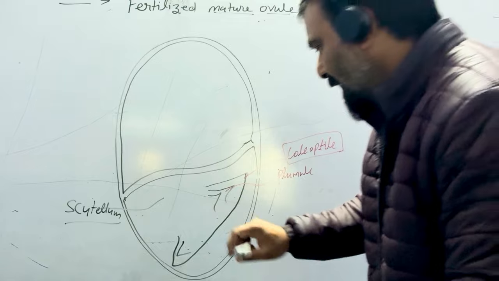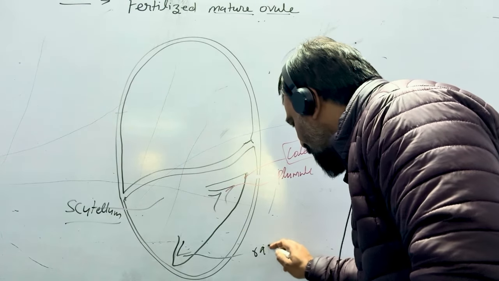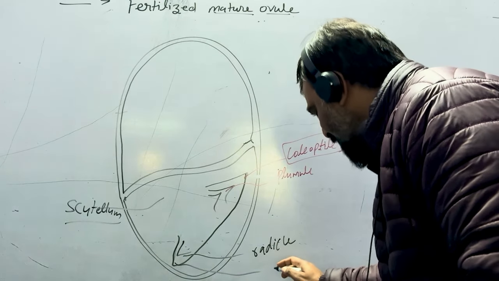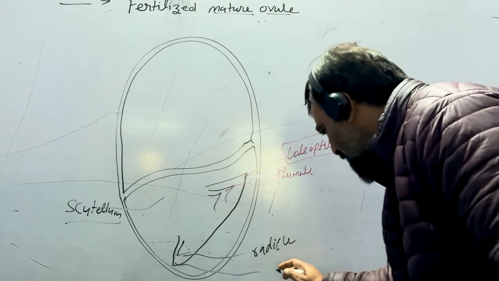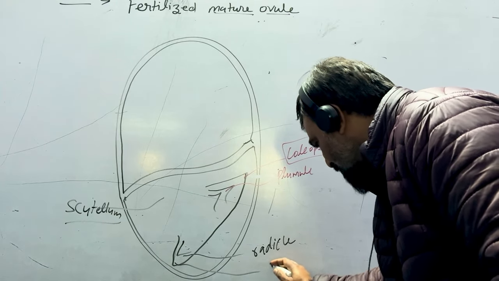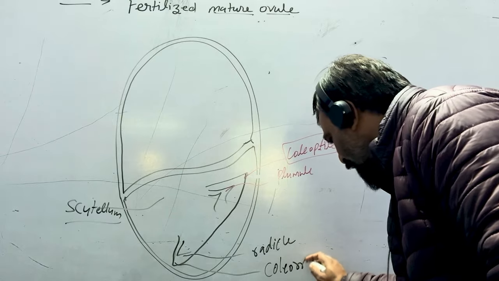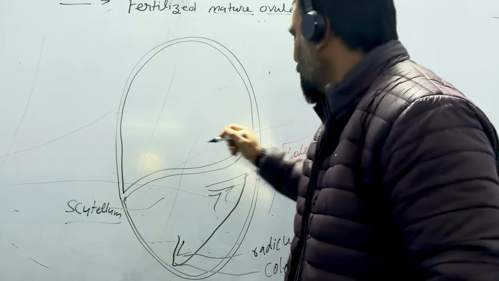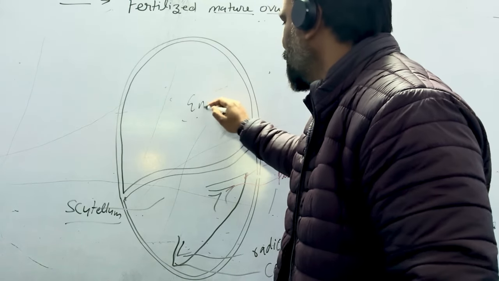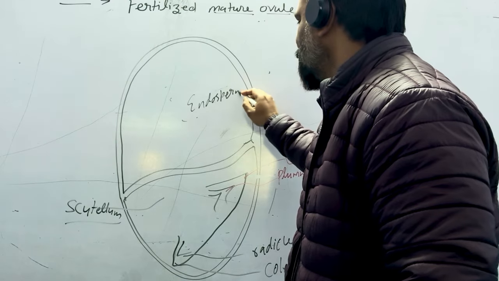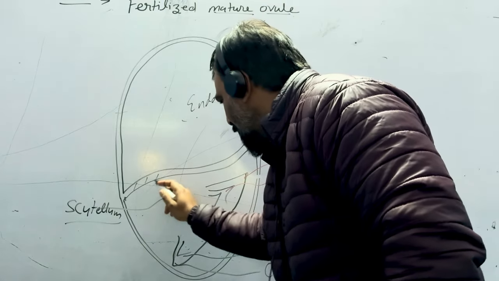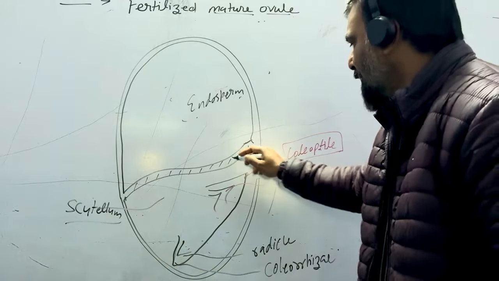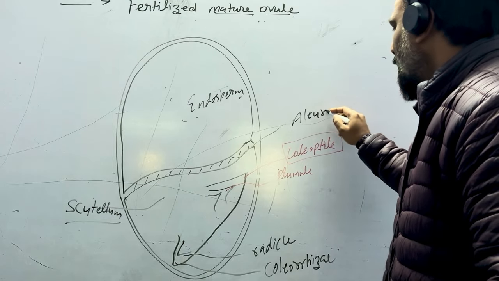Similarly, the radicle is also covered by a protective layer of undifferentiated mass of cells, and this is known as coleorhiza. This is the endosperm, the reserve food material, and the layer between the embryo and the endosperm is known as the aleurone layer.